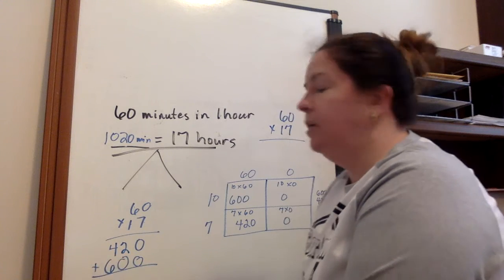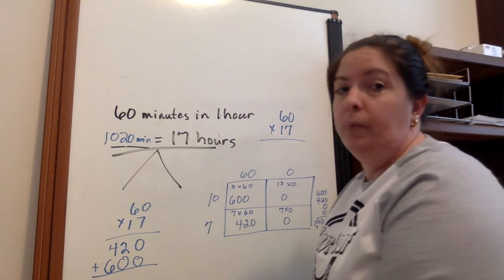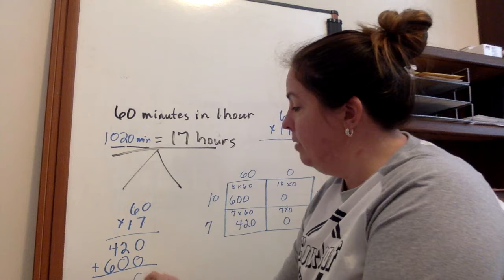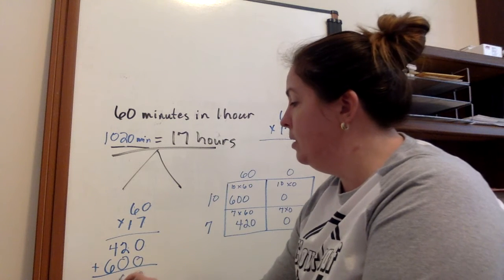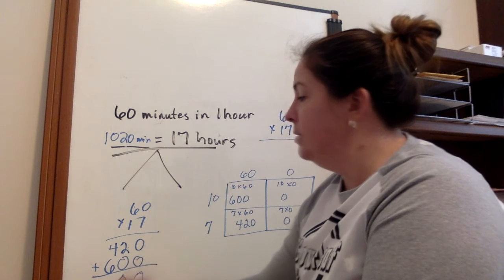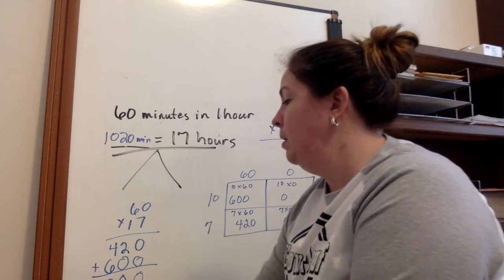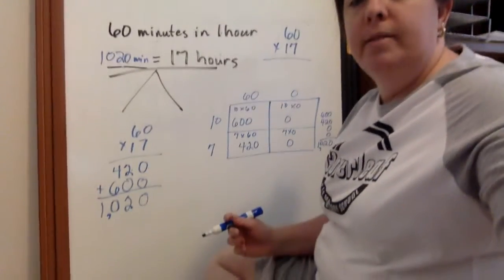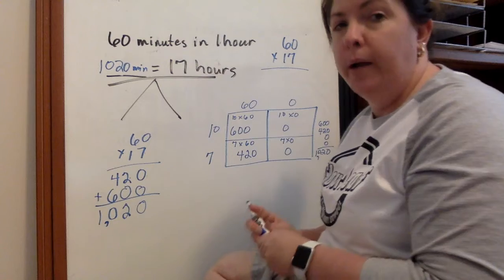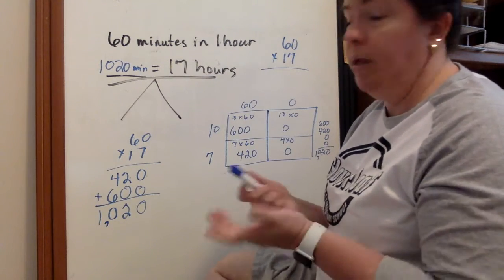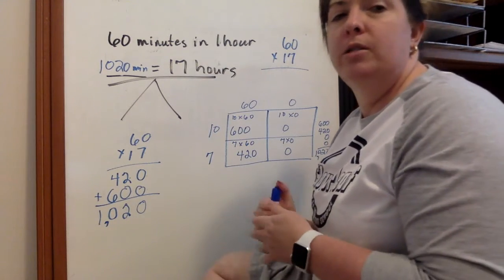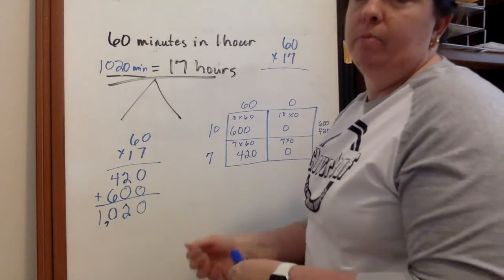I need to add these two partial products because that's really what it is. 0 plus 0, 2 plus 0, 4 plus 6, and still 1,020 minutes, right? Makes sense? Two different ways to do the multiplication. The answer still comes out the same.